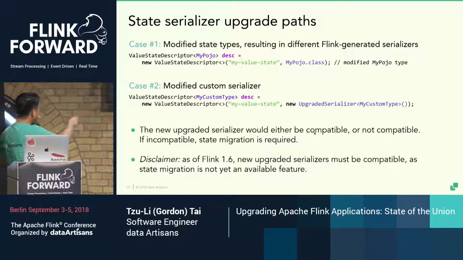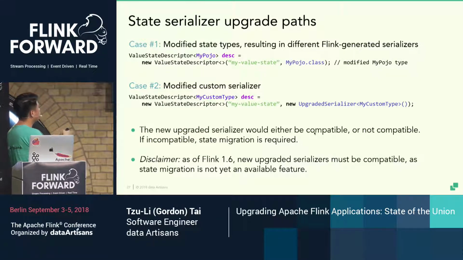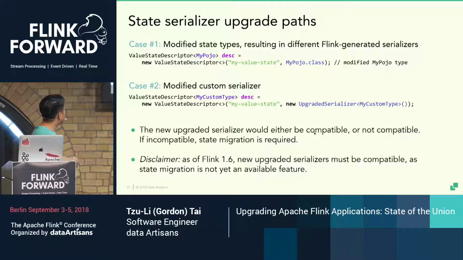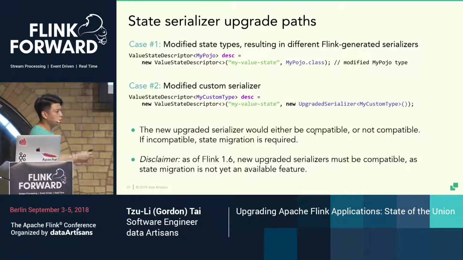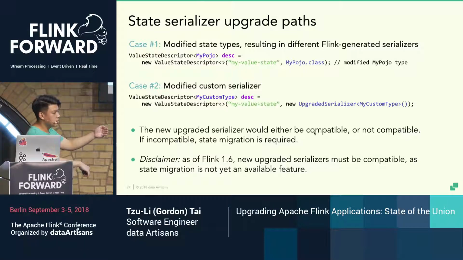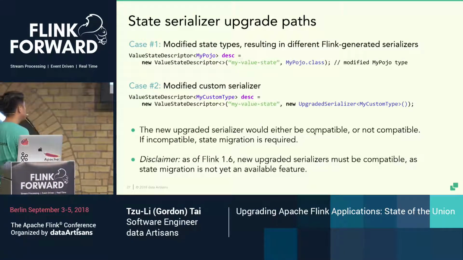So if you change your type and you rely on Flink to generate these serializers, most of the time, as the current state in Flink, it would result in a different serializer. Or, more straightforward, you provide your own custom state serializer and you change that. Either you have the same serializer class and modify something inside, or you have a completely new serializer class. Okay, so these all would be possible.